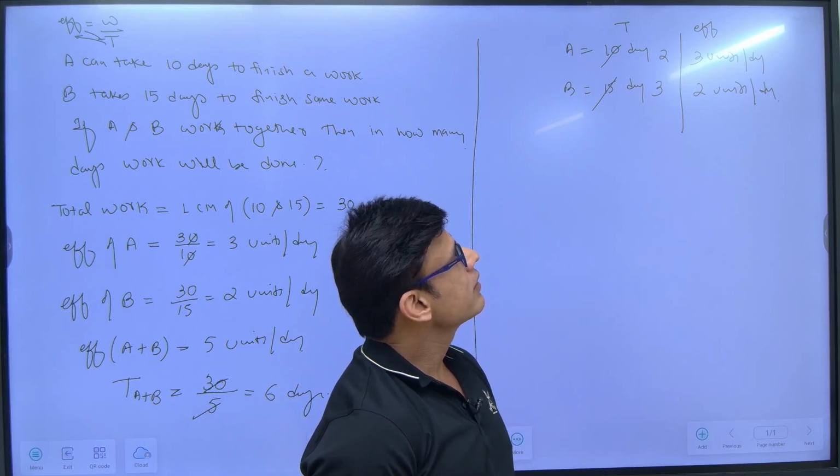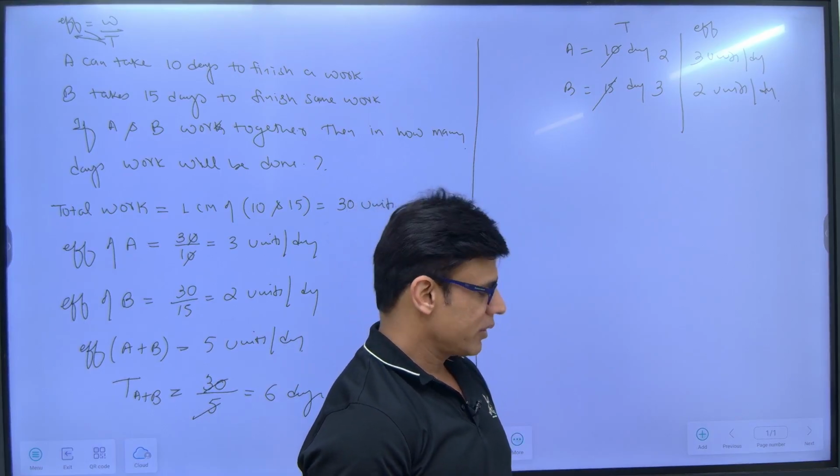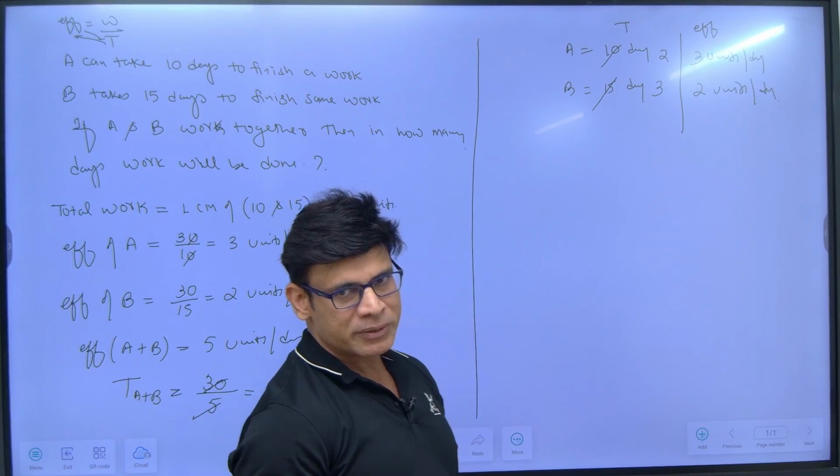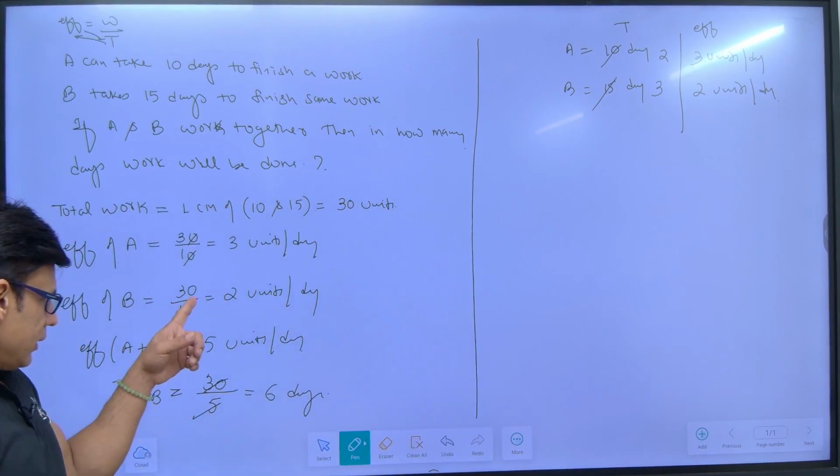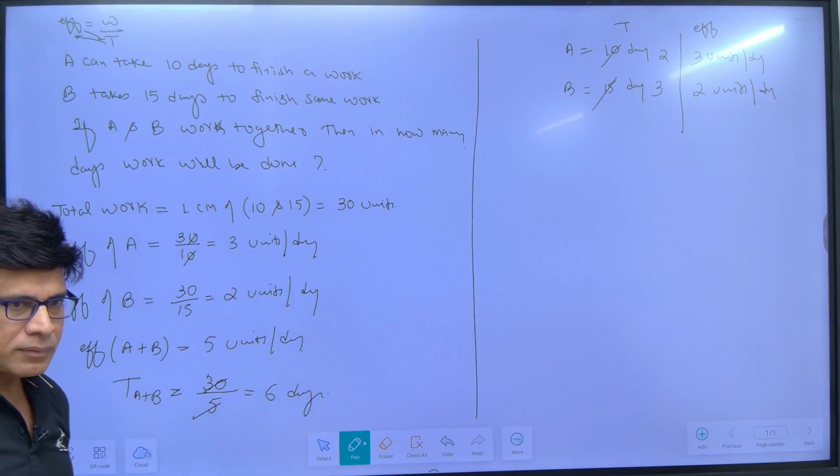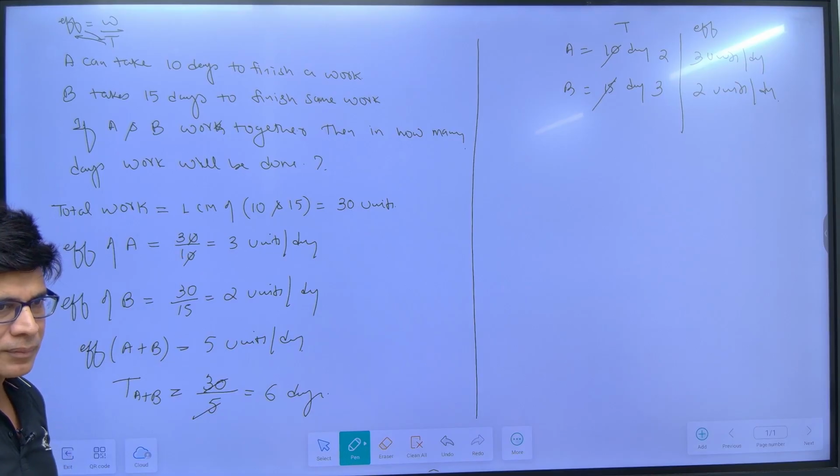That means A can do 3 units per day. And B can do 2. Understood? So this can directly give you efficiency. Now it is easy to find work.